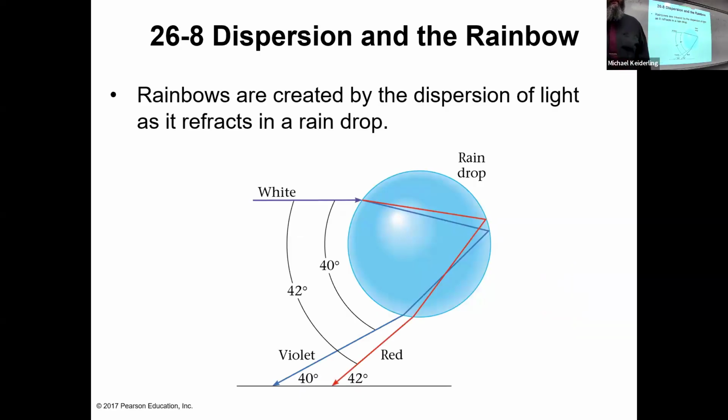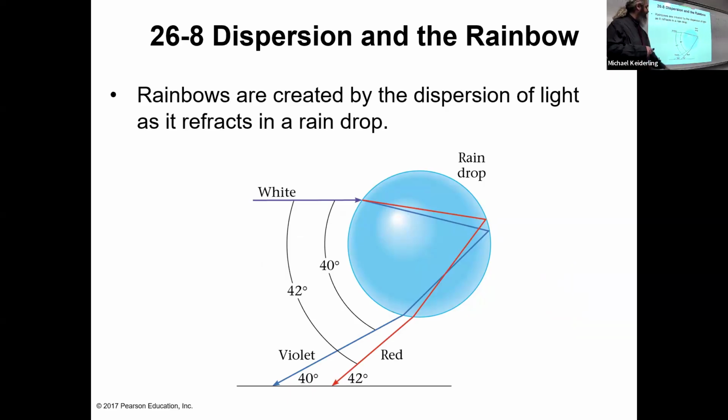And an actual rainbow is created by the dispersion of light as it refracts inside a raindrop. So this is what's going on inside the raindrops. How you get what you actually see is a whole lot more complicated. Because what you're looking at is the combined light from lots of different raindrops.